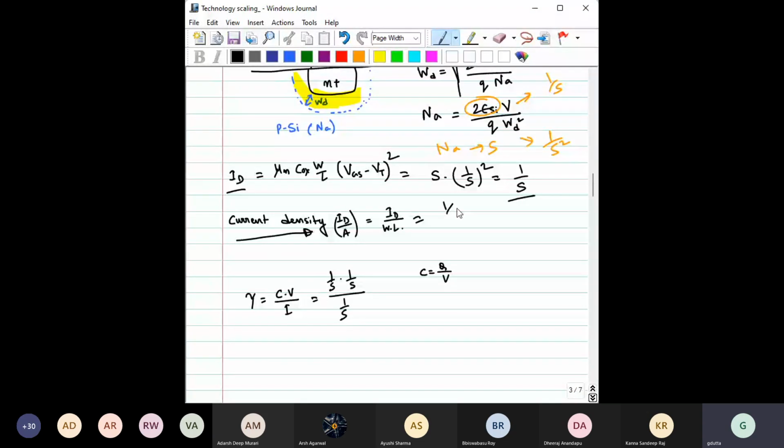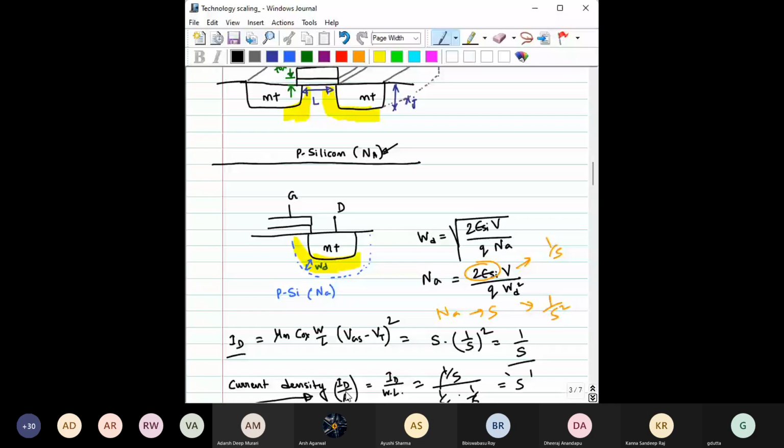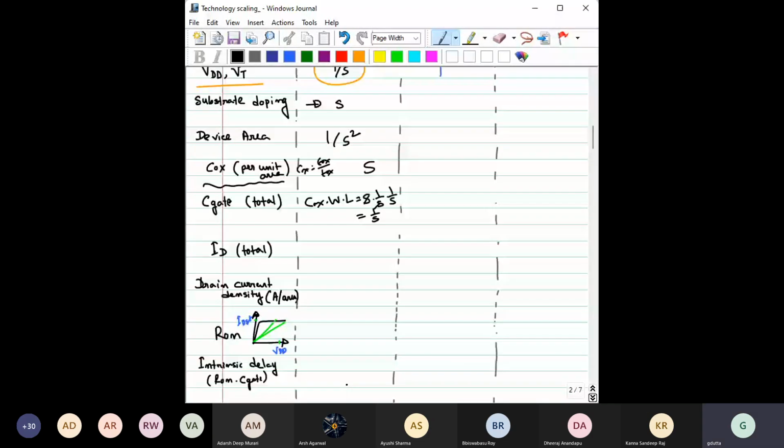ID is scaled by 1 by S, and the area by 1 by S, 1 by S. That makes the current density actually increase by S, and S is greater than 1. So the current density is higher compared to the previous one. The current is 1 by S, and the current density is S.